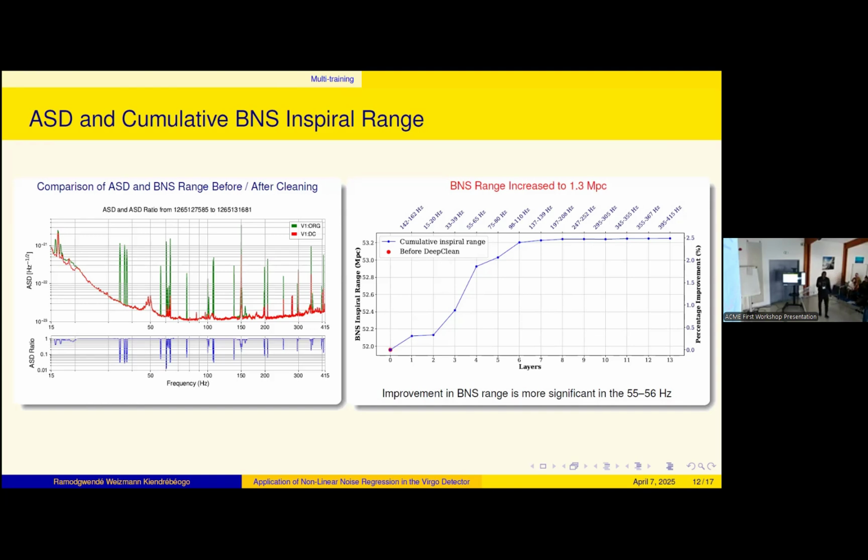On the right side, we see the cumulative binary inspiral range. These curves show the evolution of the binary inspiral range through the layers. The significant improvement was at layer 4, which concerns the frequency band 55 to 65.